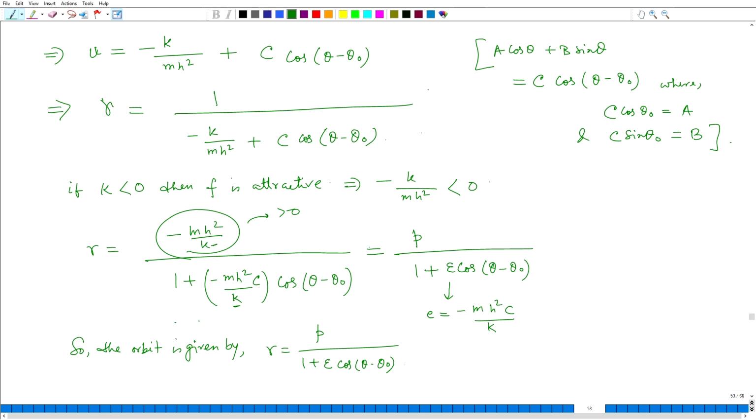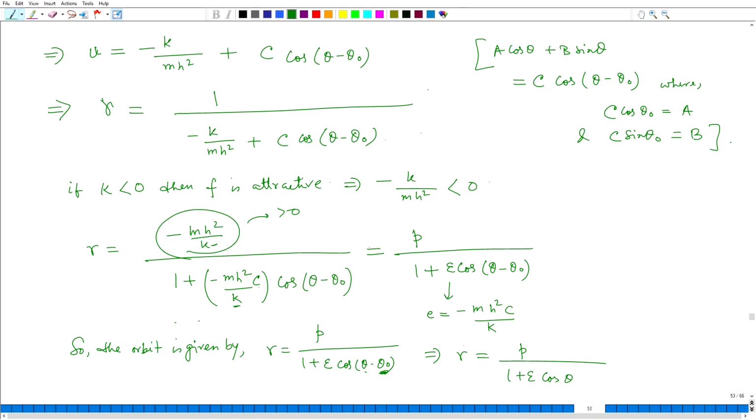You can start to measure theta from this theta 0 to be equal to 0, and then r is equal to p by 1 plus epsilon cos theta only.